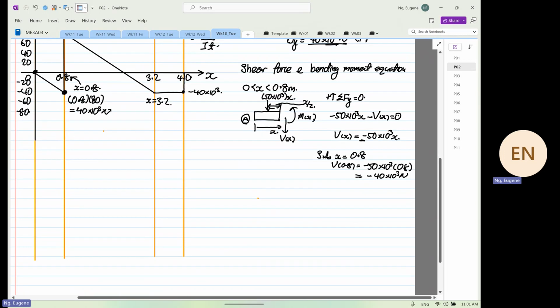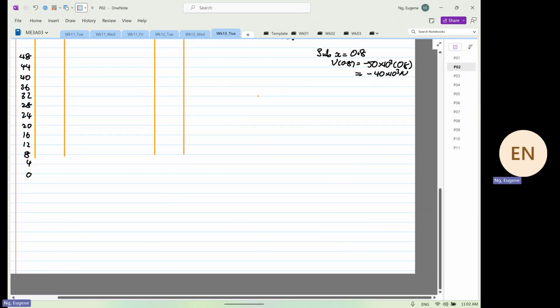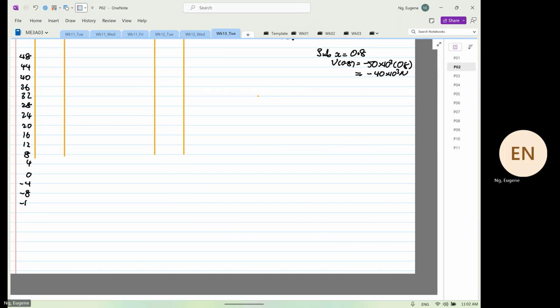Okay, so for our bending moment diagram, I'm going to draw a scale of 48, 44, 40, 36, 32, 28, 24, 20, 16, 12, 8, 4, 0. Do I have enough space? Oh, thank God. Then I'm going to have minus 4, minus 8, minus 12, and minus 16.